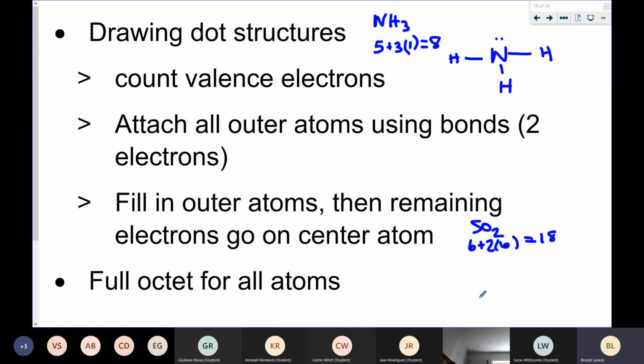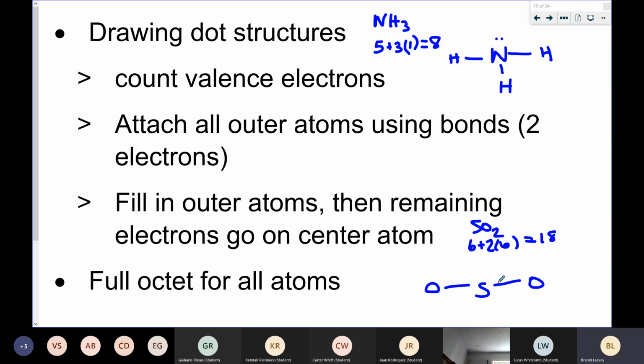Sulfur, since it's listed first, is going to go in the middle. Our 2 oxygens are going to hang out on the outside. We said we connect everything to the center. So that's 2, 4. Fill our outer atoms. So one of these oxygens, whichever one you pick, currently has 2 electrons. So to have a full octet, it needs 6 more.